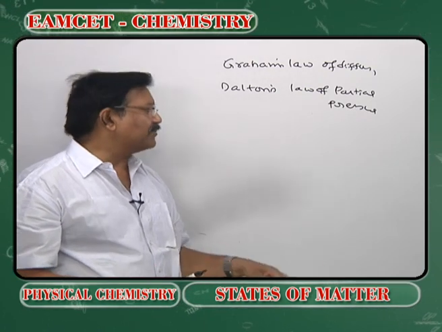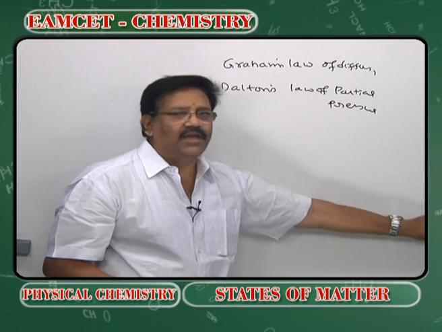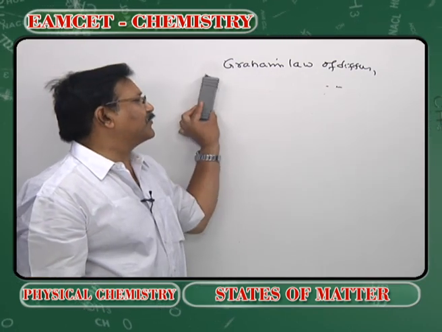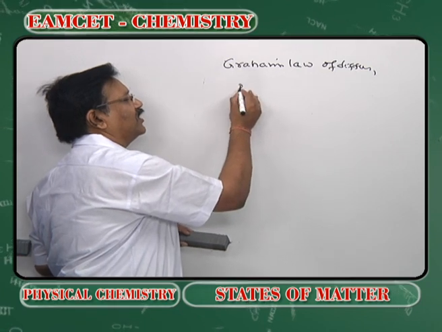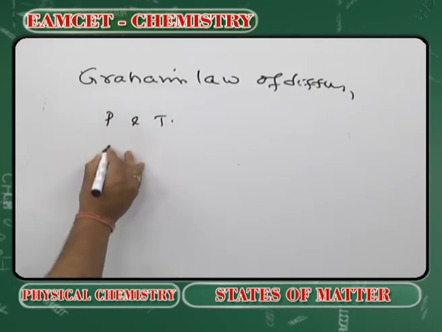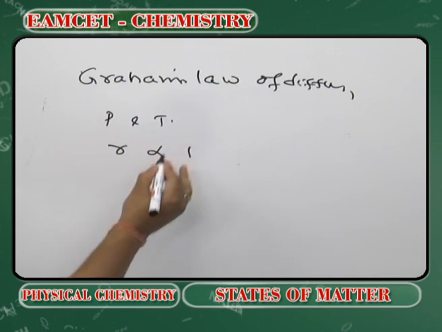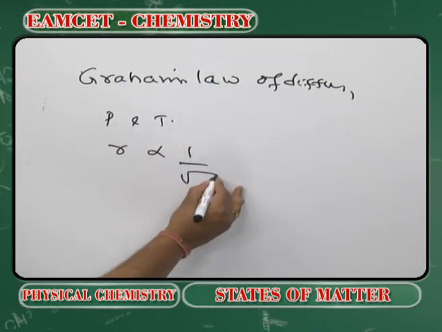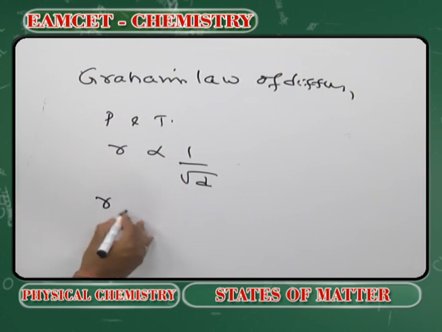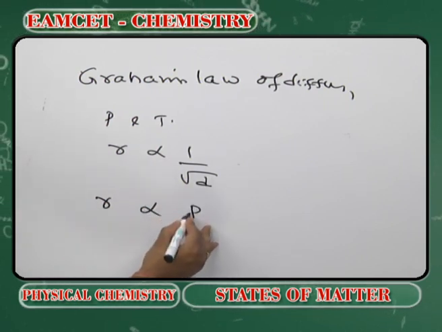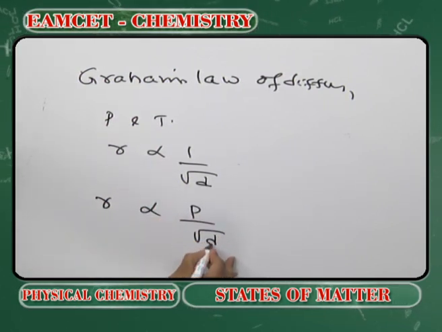And what are the mathematical relations we study under Graham's law of diffusion? When P and T are constant, R is proportional to 1 by square root of d. But when pressure is also variable, R is proportional to P by root d.